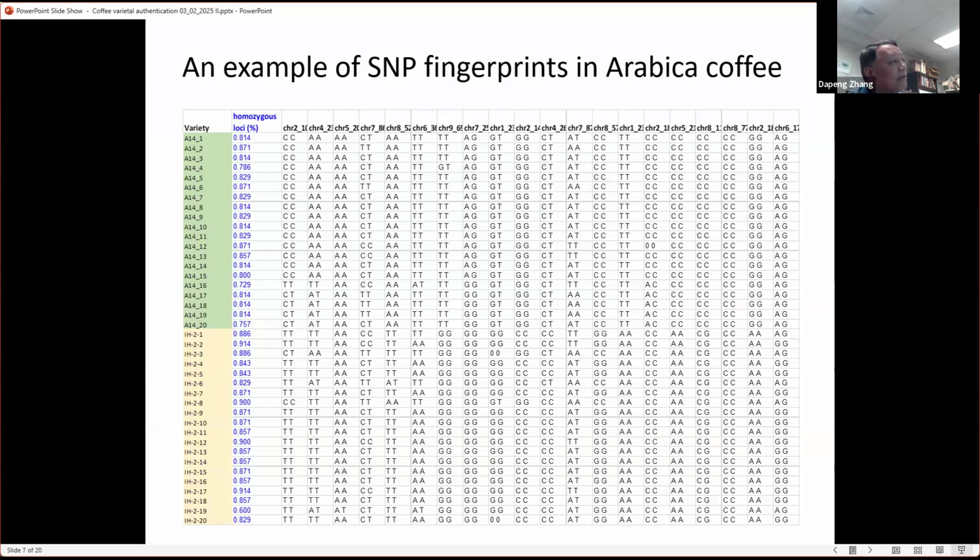We thought that as a self-pollinating species, it should have highly homogenized homozygosity along all the fingerprints, but actually it does not. So this is one of the fundamental problems behind the high rate of mislabeling in Arabica coffee, which we will show later how to tackle.